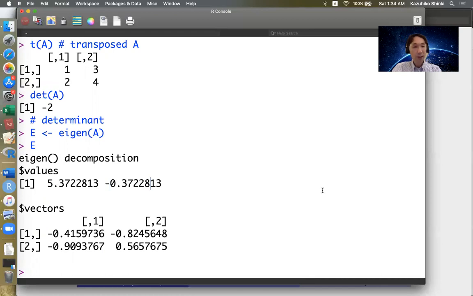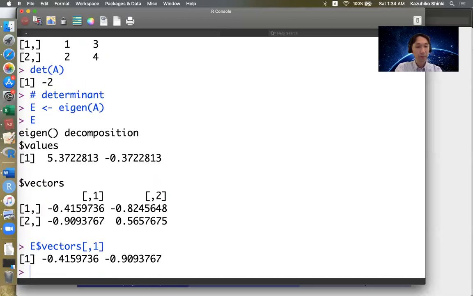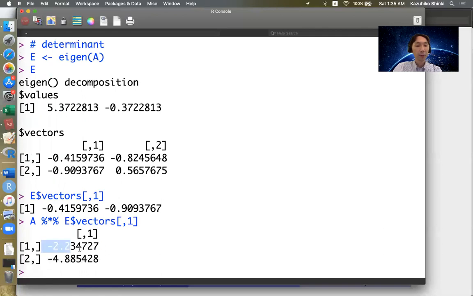Okay, so let's double check if this column vector is really an eigenvector. We extract this first column: the eigen vectors and first column. Okay, so this is the first column, and we multiply the matrix A from the left-hand side. Then this becomes negative 2.23.